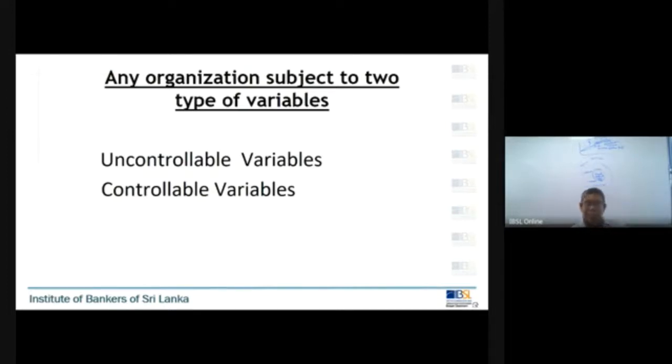Use some abbreviation, acronyms. Can anybody tell me what variables organizations cannot control? Come on, I think you knew. I told you we need to live with that. If you cannot control, what are these uncontrollable variables?